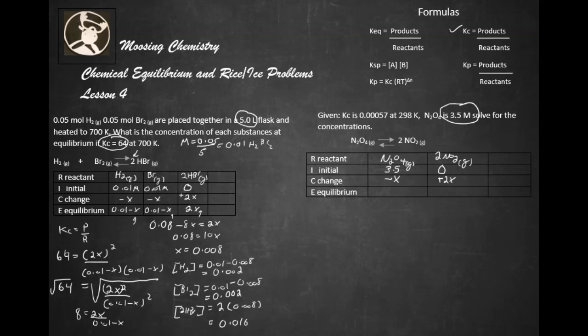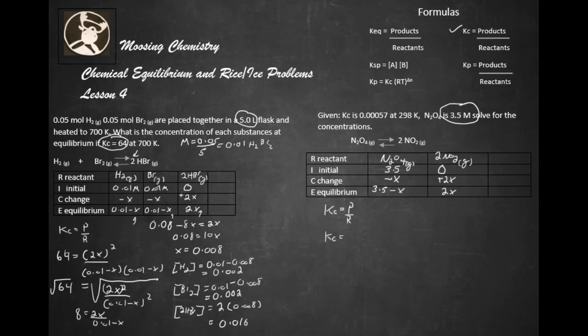So equilibrium is going to be 3.5 minus x and 2x. So it's looking good so far. So let's do our Kc. Our Kc is products over reactants. I'm just going to call it P over R to shorten it.